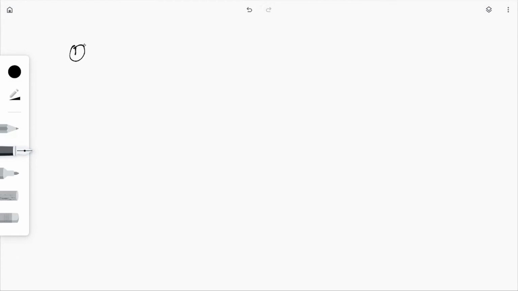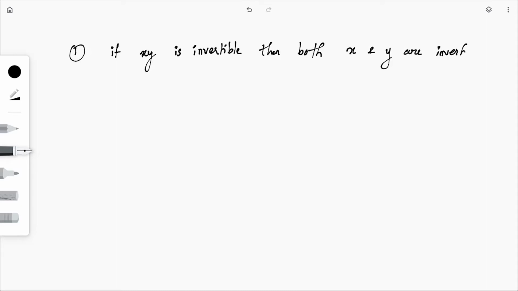The first remark: if xy is invertible, then both x and y are invertible. This is what we have to prove. Now xy is invertible, so let (xy) inverse be the inverse of xy.